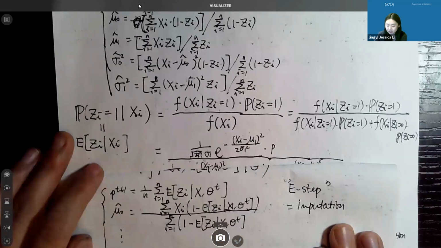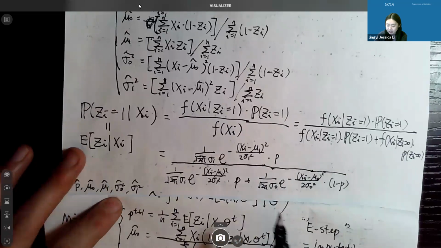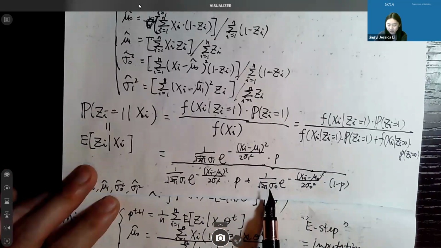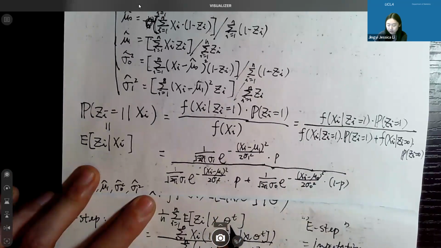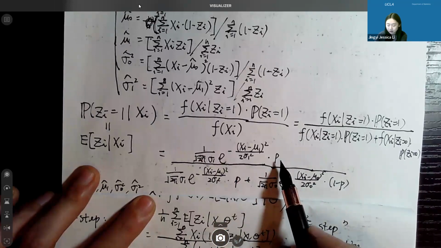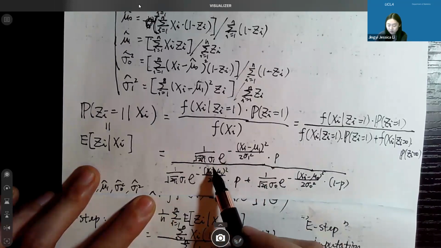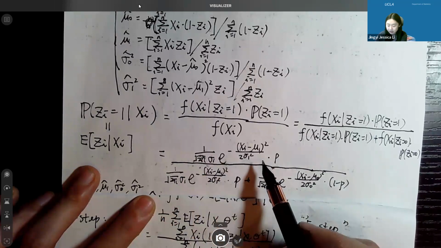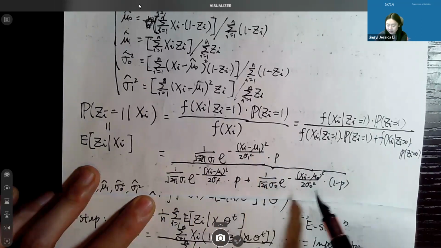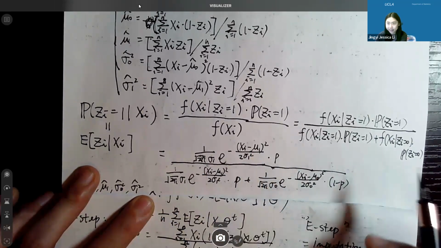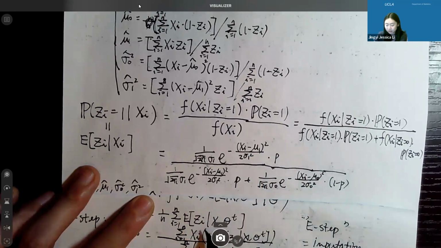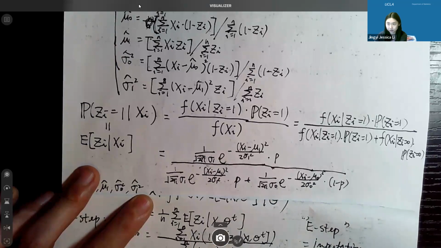Okay, and then we derived the formula as this, right? So now you just put the current values of P, which is Pt, sigma 1, which is sigma 1t, and mu 1t, and so on into this formula. And that's your conditional expectation of Zi given xi, given x, and given theta t.